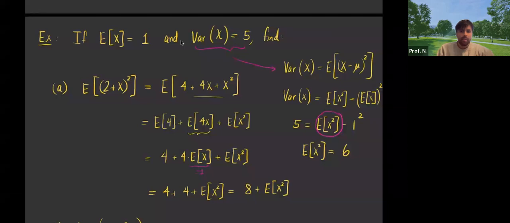Do you guys see that? So I'm able to figure out the expected value of x squared if I know the variance of x and if I know the expected value of x. So I'm using this definition of the variance to figure out what the expected value of x squared is. So now what do I know? This is 8 plus 6, which is 14.